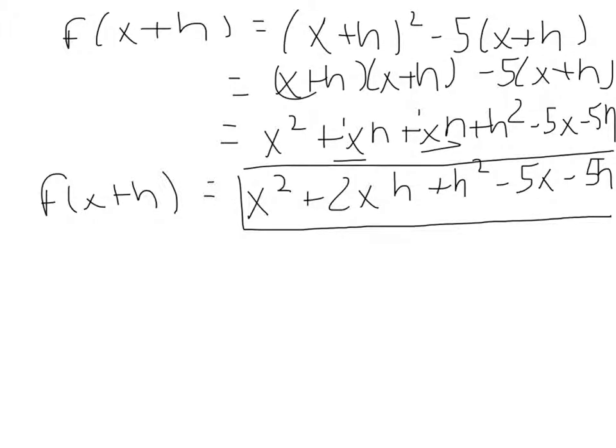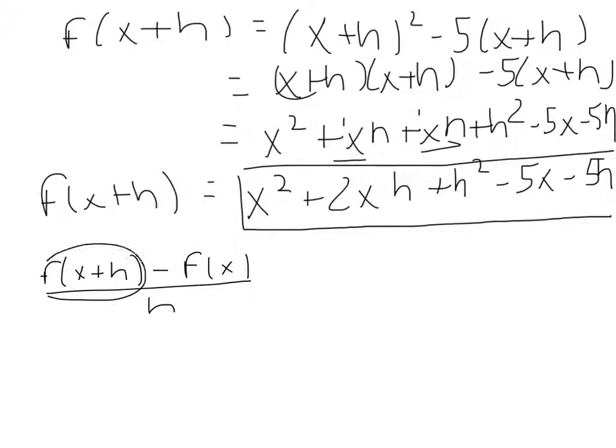Now for the third part of the problem, it's a little more complicated. We are asked to calculate f of x plus h minus f of x, divided by h. But fortunately, f of x plus h we have just calculated.